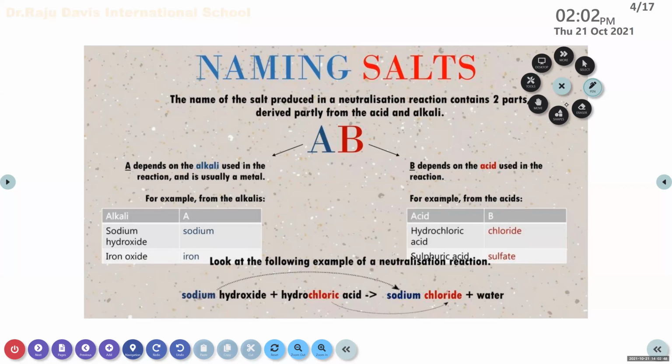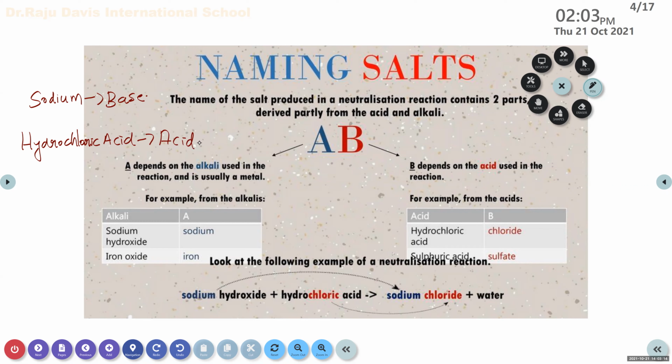One is sodium, which is a base. And here we are taking hydrochloric acid, which is an acid. So here the two things are there.